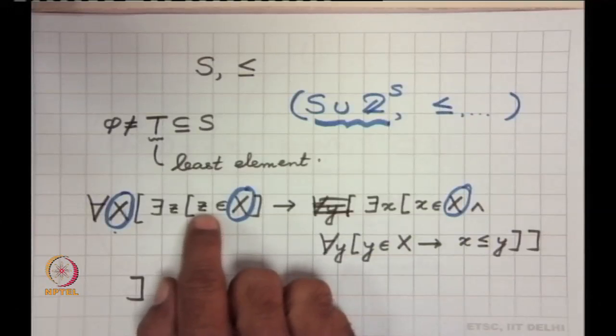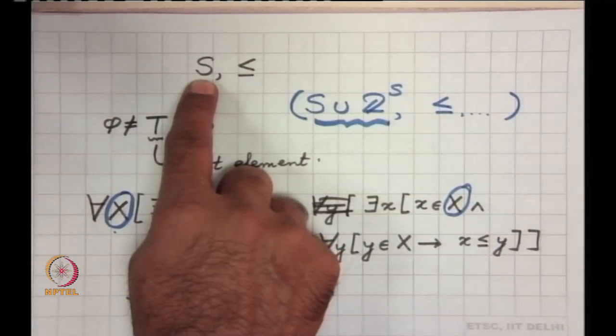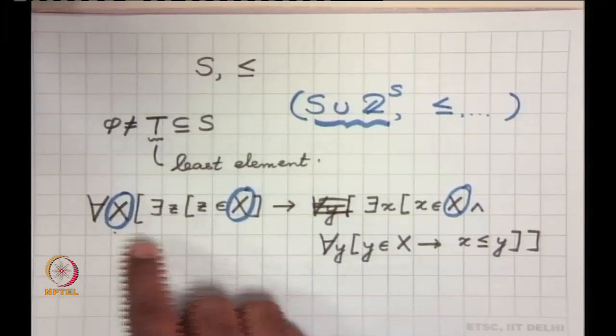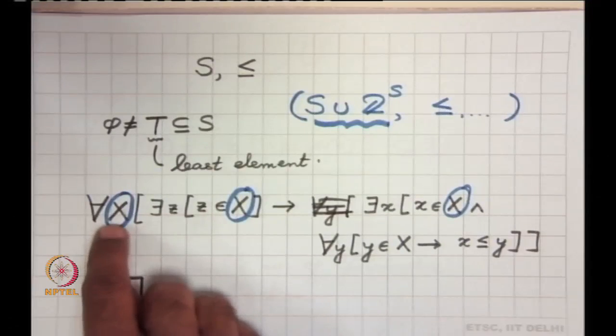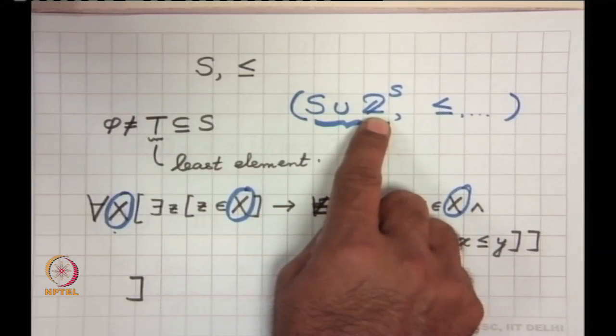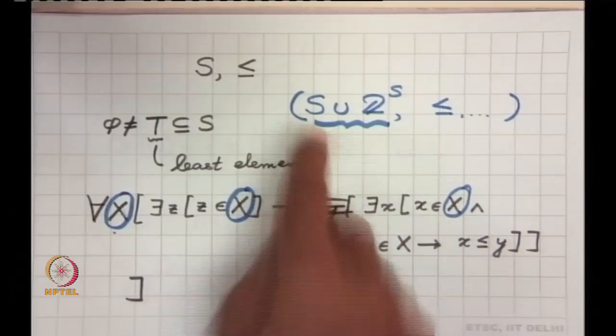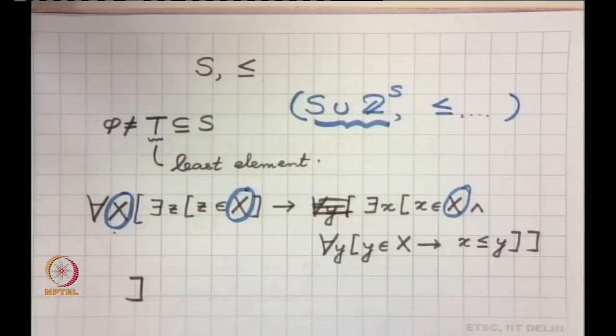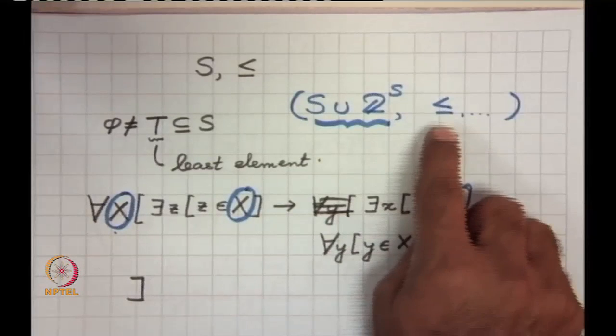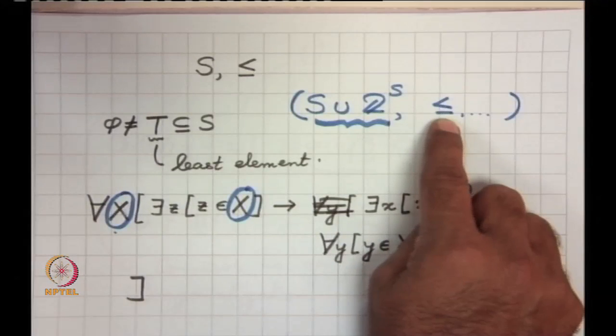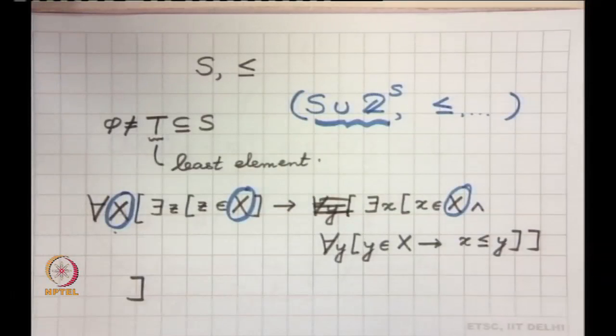One kind of individual ranges over the set S, the universe of discourse, and the capital X's actually range over 2 raised to S, the power set of S.